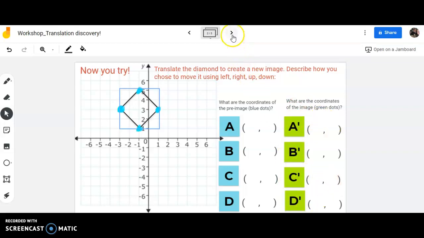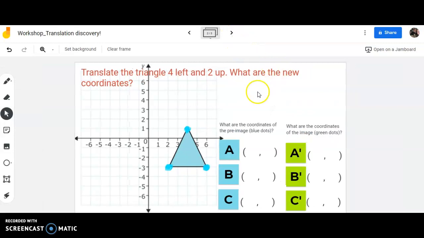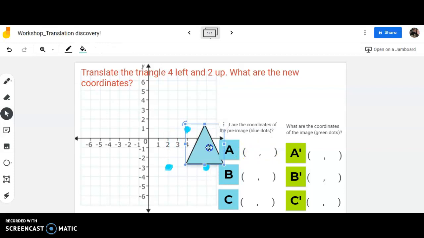And then you need to put the coordinates of the new points. That's slide 2. And then slide 3 tells you to translate the triangle 4 left and 2 up. So what you have to do is label first, put the coordinates of the pre-image or the original triangle, and then try to move it based off of what it tells you up here in red.